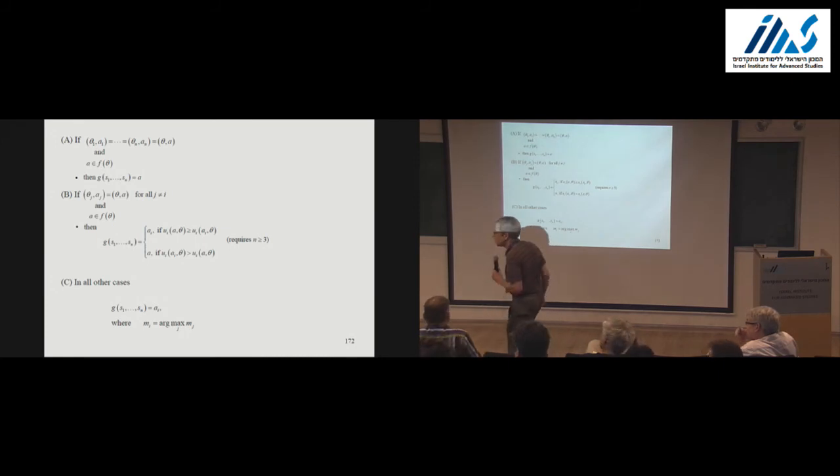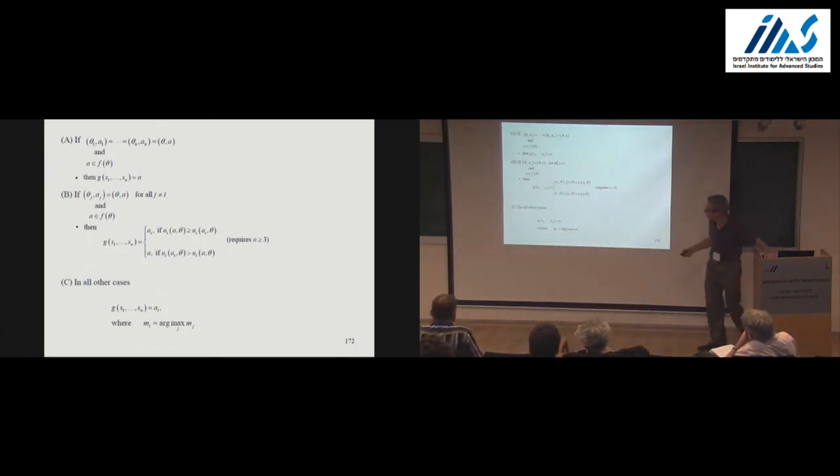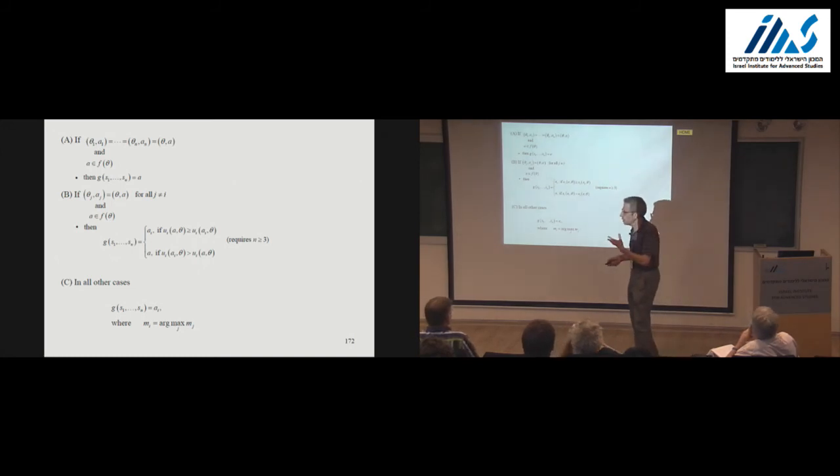Okay. You want me to explain case B? Okay. So B is the case where everybody but player I is playing strategy theta A. So they're all announcing the same state theta. They're all announcing the same outcome A. And person I is doing something else.